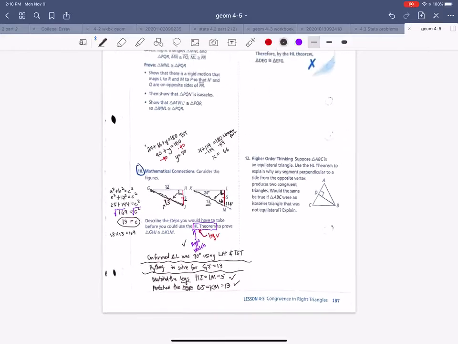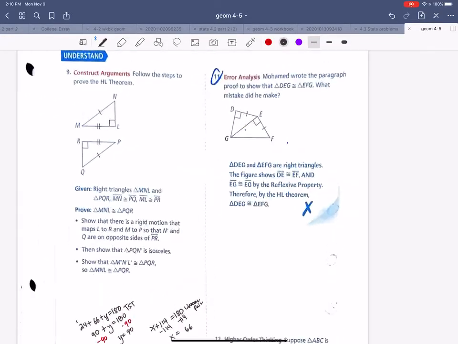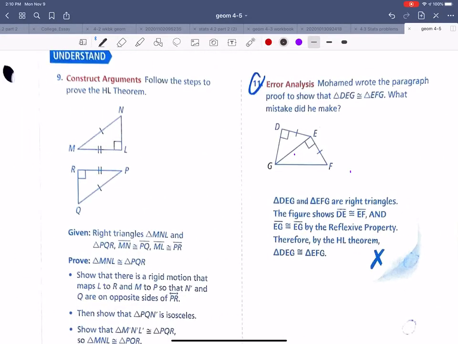Nice. All right, let's take a look at 11. It says error analysis. Muhammad wrote a paragraph proof. So instead of putting it in two columns, they just wrote out the steps, kind of like what you saw me do a minute ago, to show this triangle is congruent to that triangle. What mistake was made?